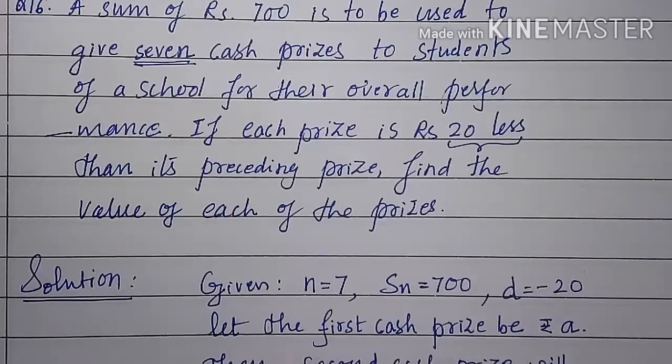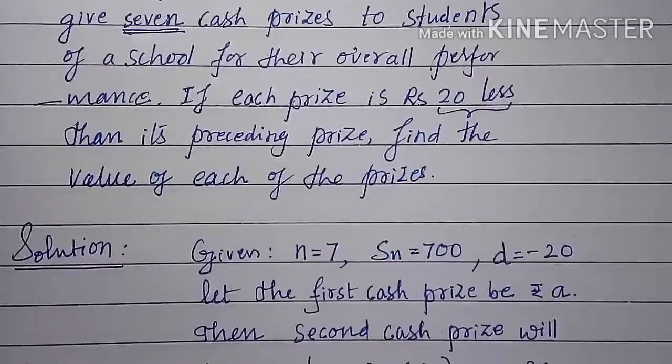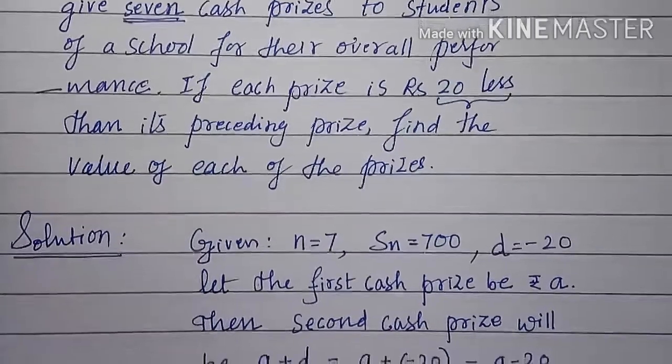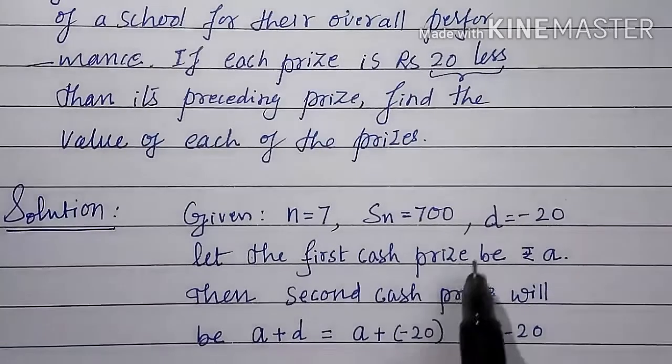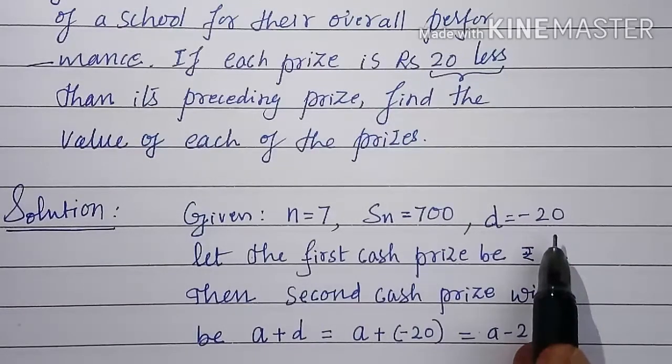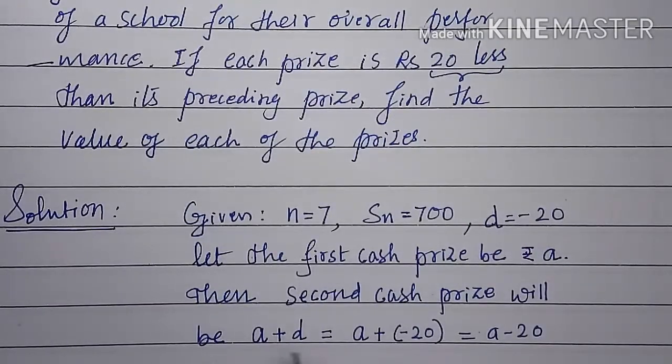If we take the first cash prize as rupees a, then the second cash prize will be a plus d, but d is minus 20. Therefore, a plus d will be equal to a minus 20.